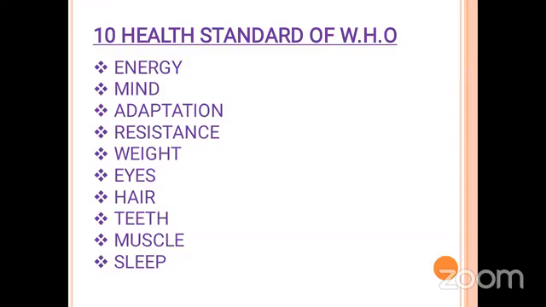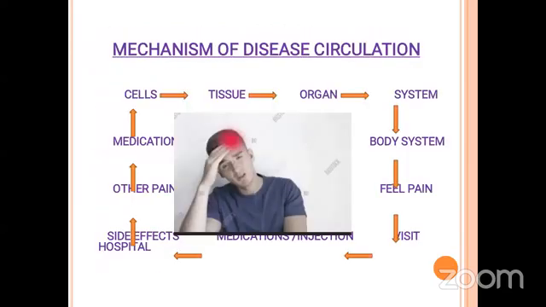So this 10 health standard, no one will say I'm okay. No one will say I have these 10 things complete. So with this, when talking to a customer, you can get the person to know that he or she falls under this stage of sub-health. So let's look at mechanism of disease circulation.